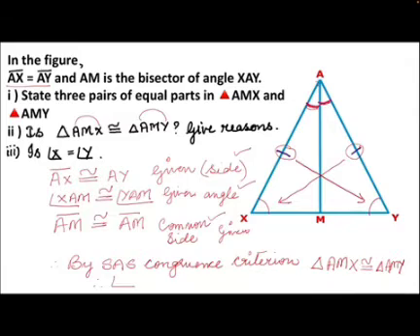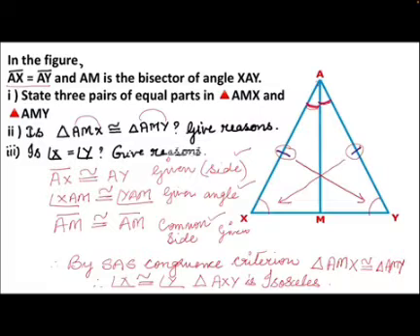Therefore, angle X is congruent to angle Y. Reason? Triangle AXY is isosceles. It's an isosceles triangle. Okay, so I hope you followed that. Using the SAS congruence criterion, we have proved that the two triangles in the given figure are congruent to each other. Okay.